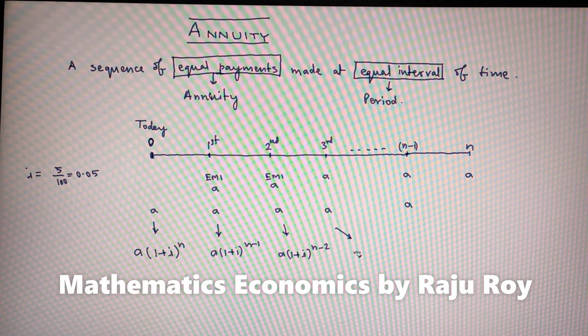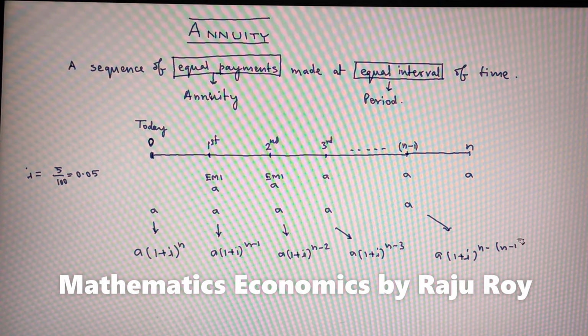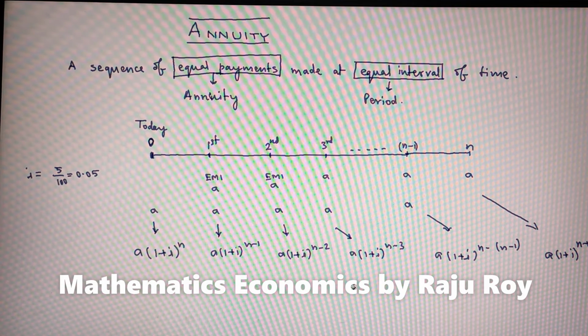Similarly, this will give 1 plus i raised to the power n minus 3. Similarly for this, it will come A into 1 plus i raised to the power n minus 1, and this will give the amount A into 1 plus i raised to n minus n.